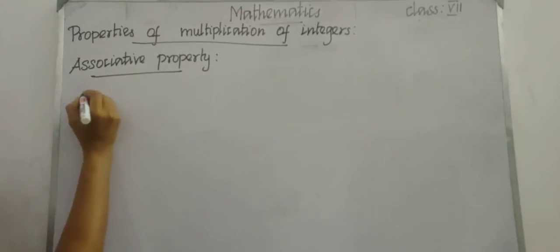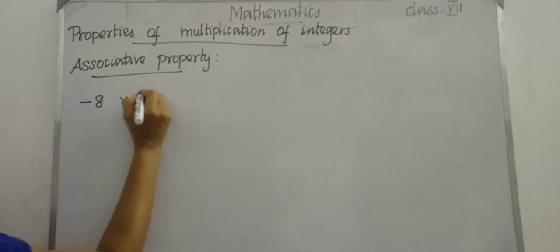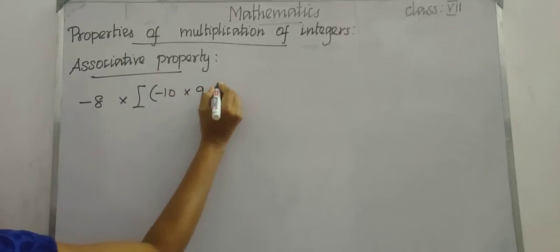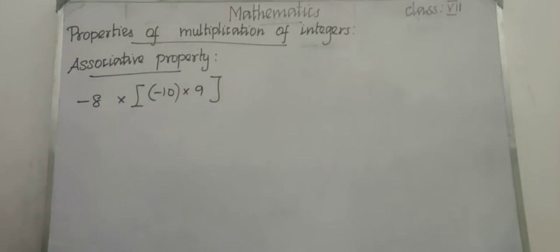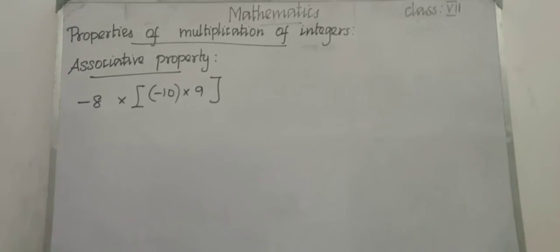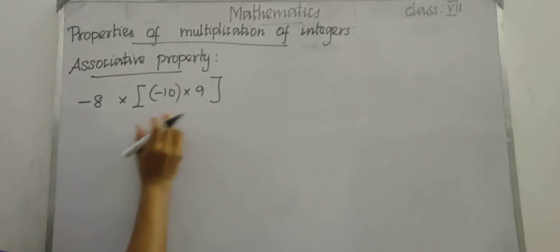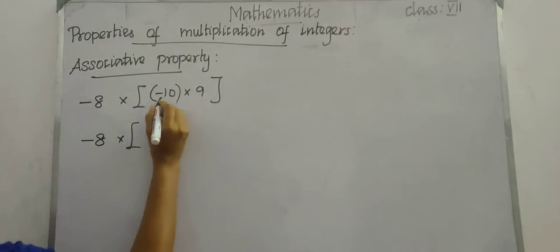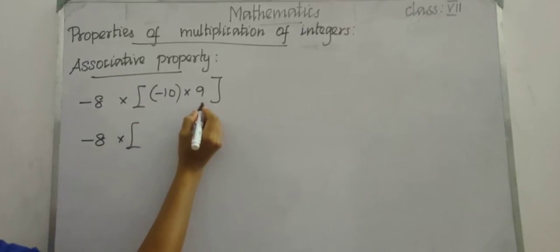Simply if you are multiplying minus 8 into minus 10 into 9, minus 8 into minus 10 into 9. Okay children, so let us multiply the brackets first. So minus 8 into the brackets alone, so 10 into 9, 90, right?